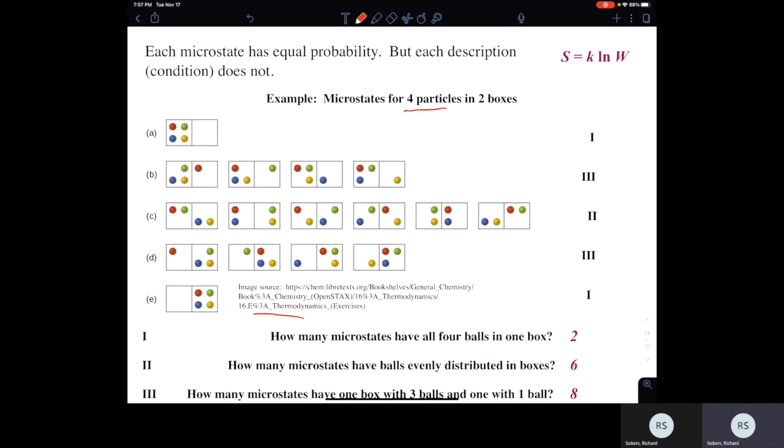But if you have a more general description, all of the bean bags end up in one of the two boxes and the other's empty, then A and E are two different outcomes that match that description. And so I've called that the description Roman numeral 1, where all four bean bags land in one of the two boxes, leaving the other empty, not indicating which specific box is empty and which is full.